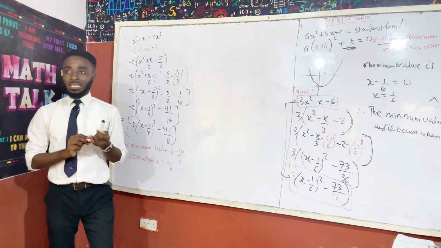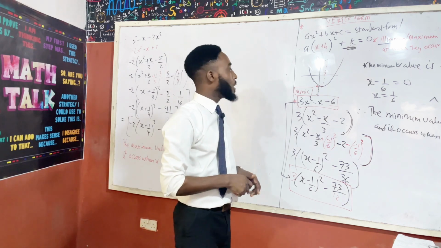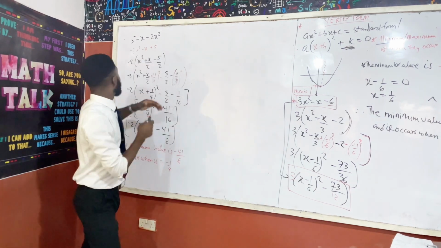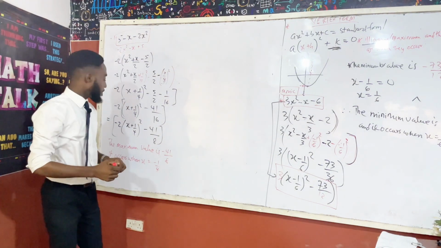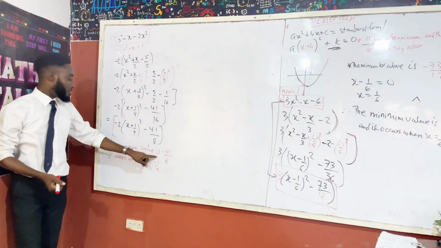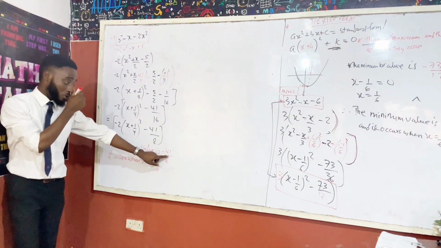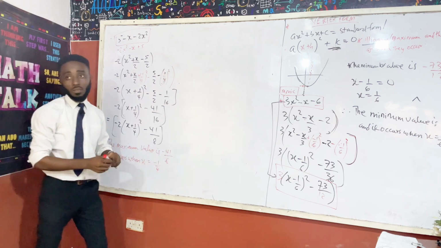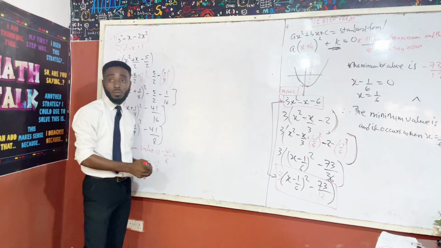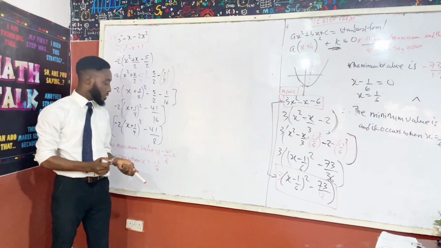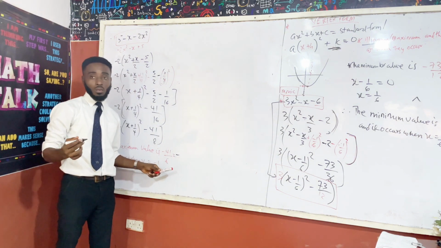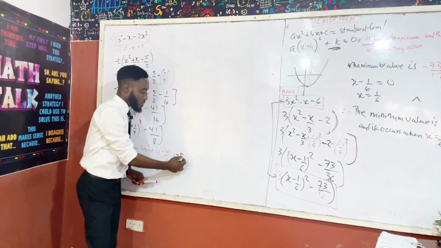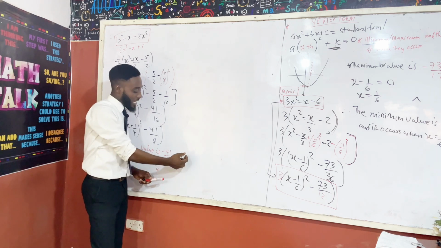Now, if you are plotting a graph, there are some interesting things you have to know about these values. What's minus 41 over 8? Give it to me in decimals. It will be minus 5 points.